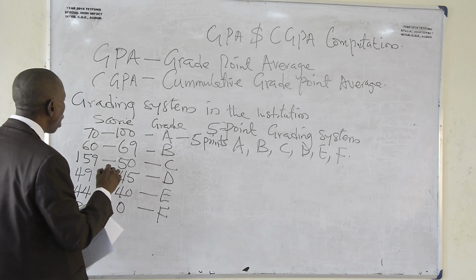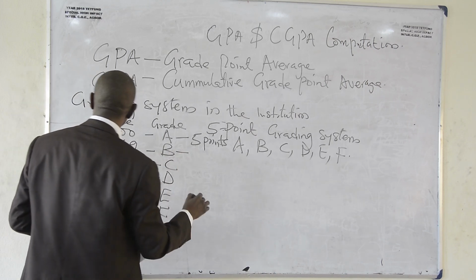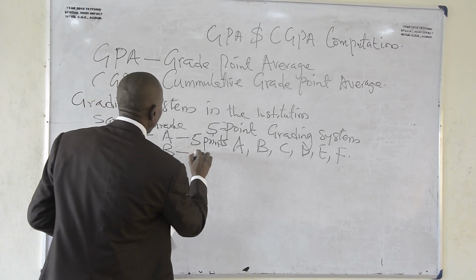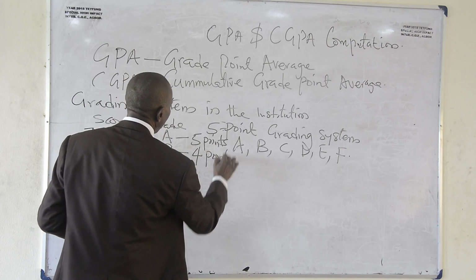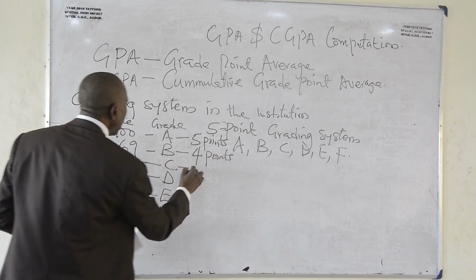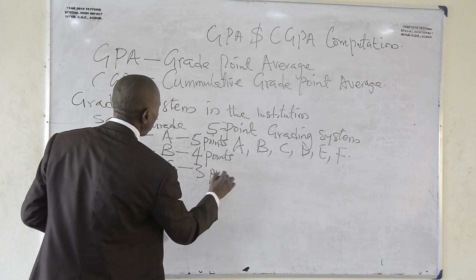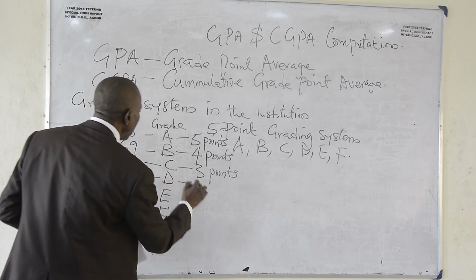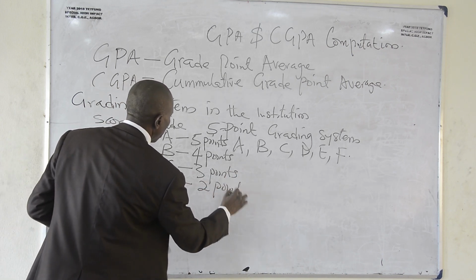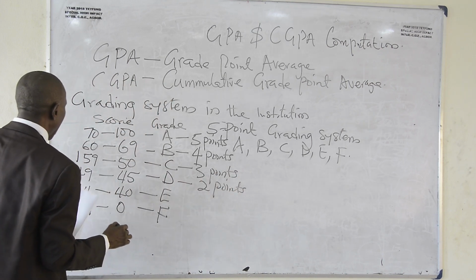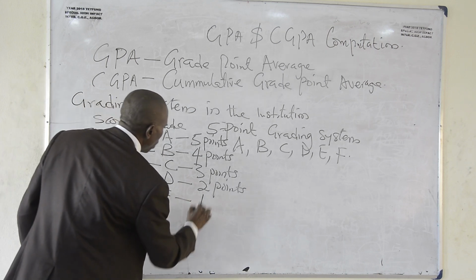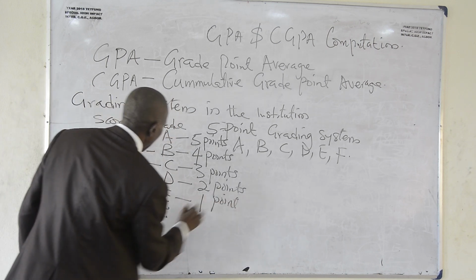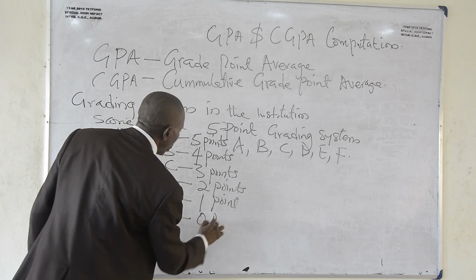A student who scores a B is 4 points, C is 3 points. A D is 2 points. And then an E is 1 point. And then F is graded 0 points.